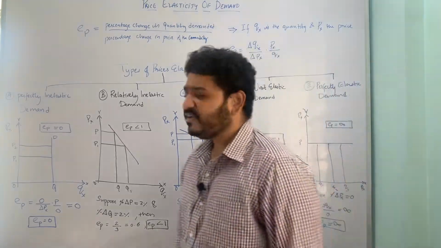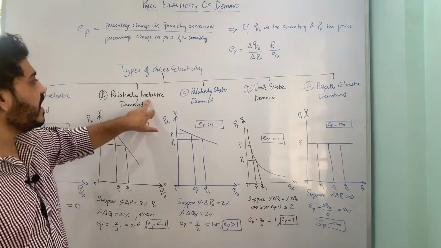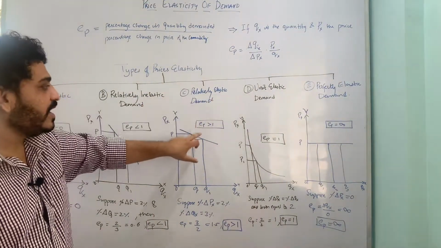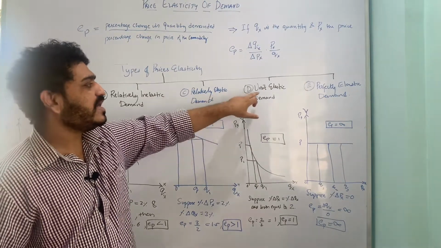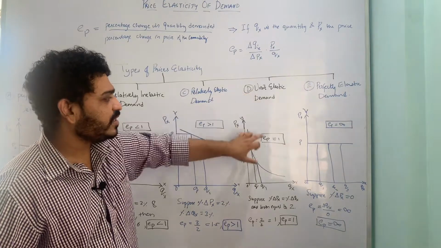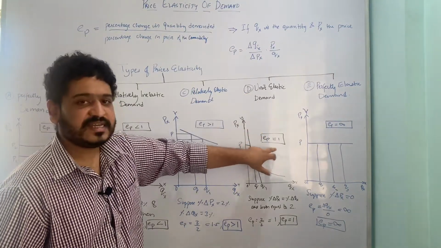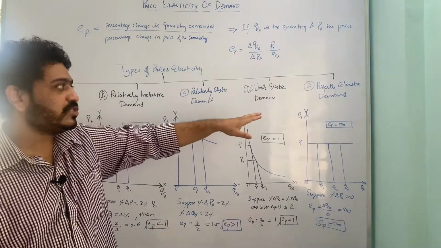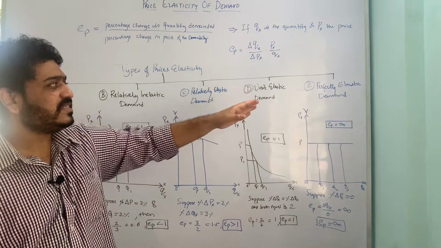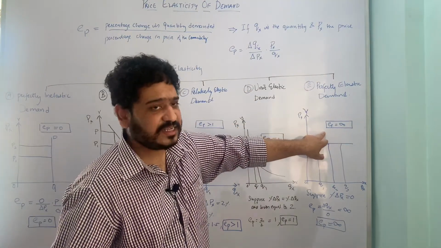Then we have relatively elastic demand, where price elasticity is greater than 1. Then we have unit elasticity of demand. The name itself suggests that unit elasticity means elasticity is equal to 1. And then we have the last type, which is called perfectly elastic demand, where price elasticity is equal to infinity.